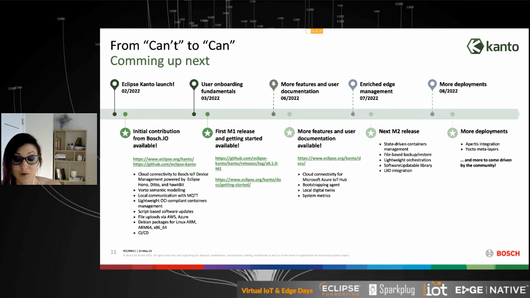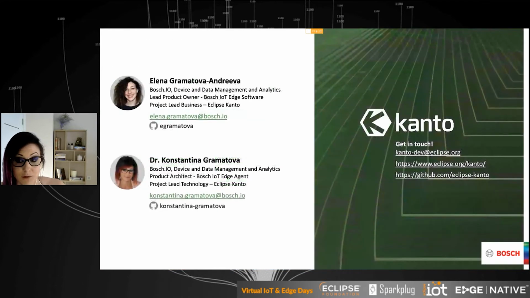And to be able to provide even more documentation, because this is an essential part of the user or tryout onboarding with Eclipse Kanto. If you want to stay in touch, or you have any questions regarding Eclipse Kanto or what it encompasses, then feel free to reach out to us, whether it's me or Anna Gramatova, the other project lead of Eclipse Kanto. We'll be glad to have you on board.